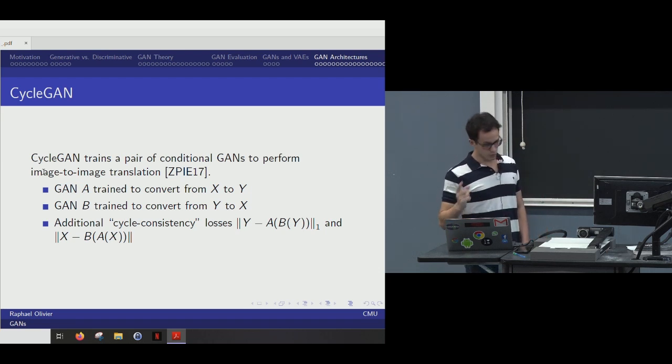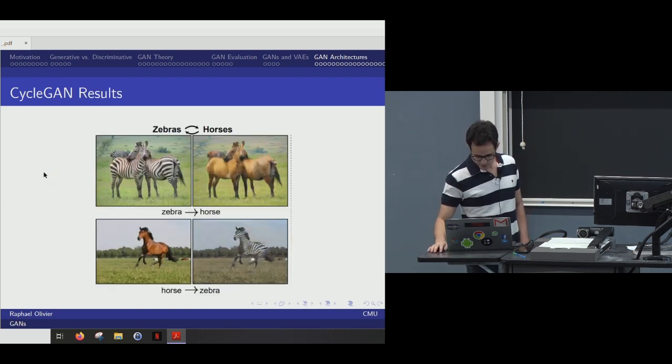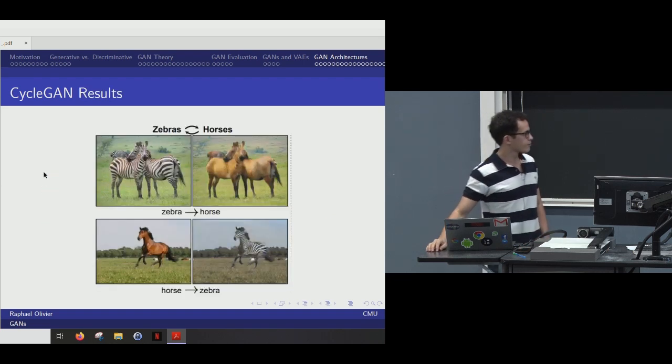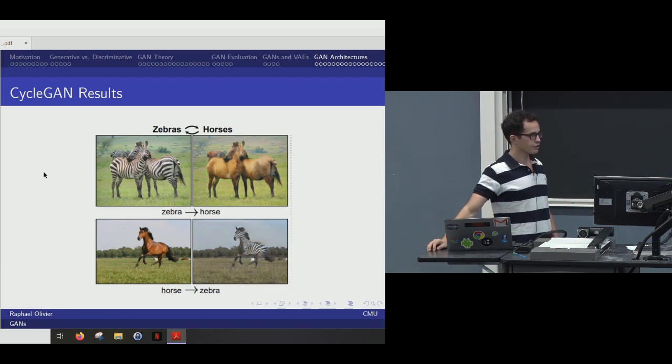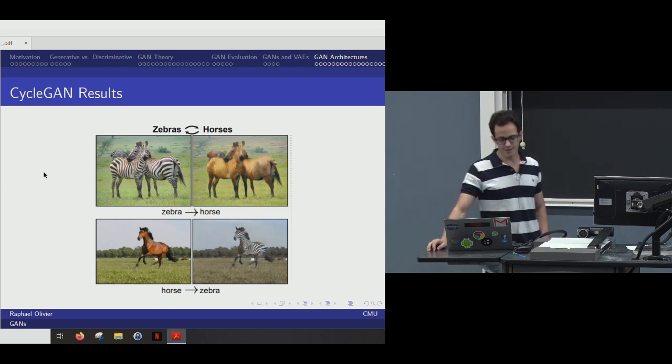Now, what is this used for? Well, you can, for example, have the distribution X be images of horses, and Y be images of zebras. And you're able to transform zebras into horses and vice versa. So why is this super impressive?